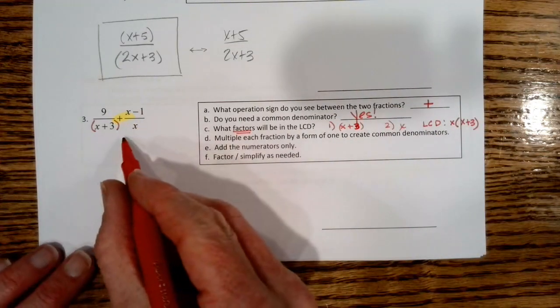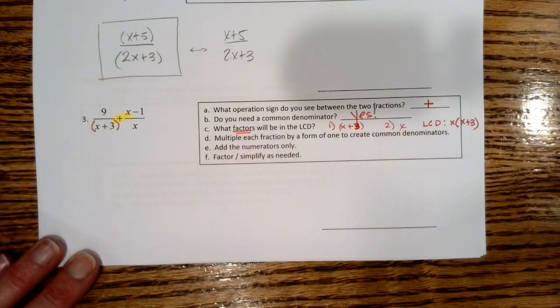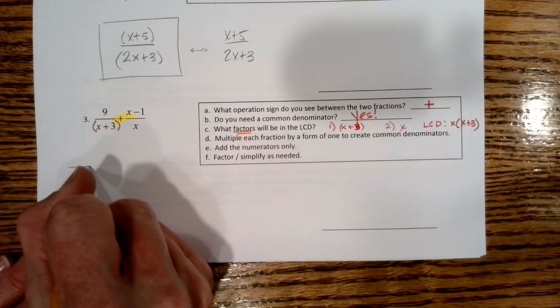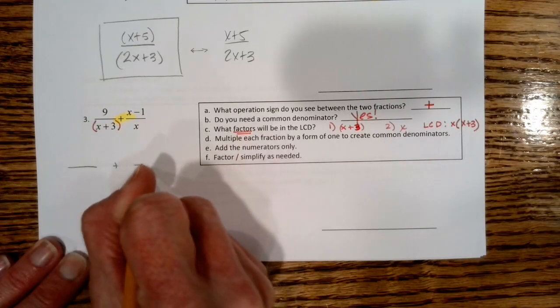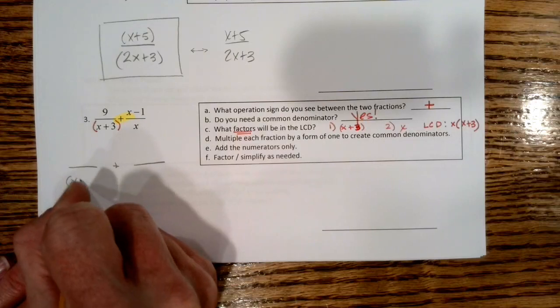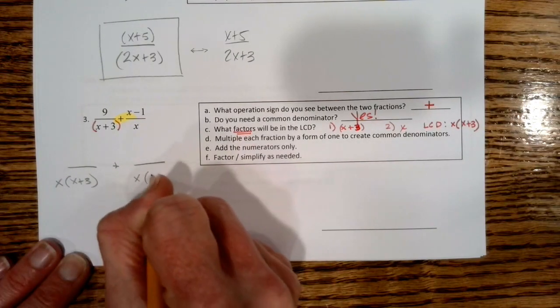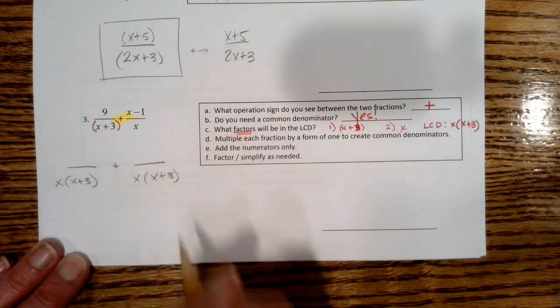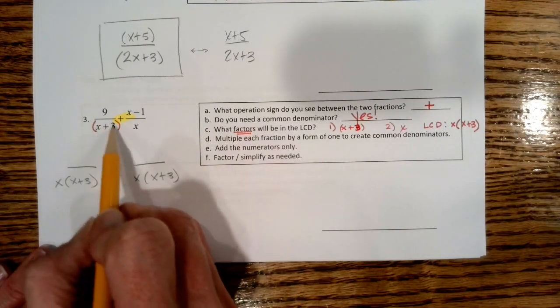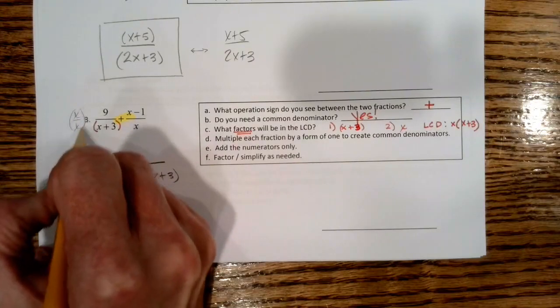So when I go ahead and I want to think about giving each fraction what they need, when I go to write my new problem, each of these numerators is going to be an x plus 3 times an x times an x plus 3. So what do I need to make that happen here? I need an x over an x.